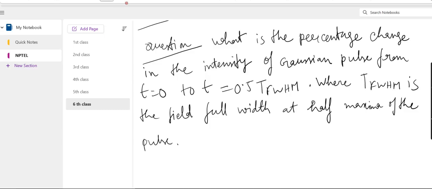The mistake I made, which is easy to make, is that we confuse between the field full width at half maximum and the expression.